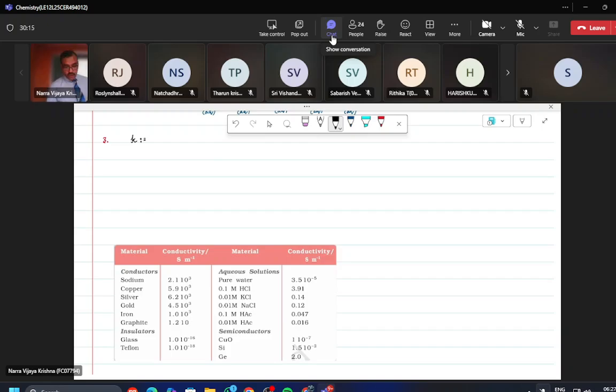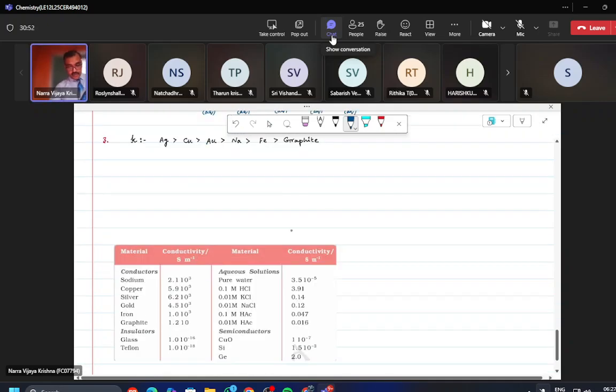Silver. So conductivity of silver is greater than copper, greater than gold, greater than sodium, greater than iron, greater than graphite. Correct?